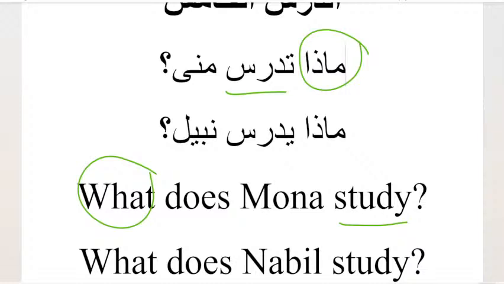The verb is conjugated in the present tense with هي, she. And the third one is Mona, her name. So you start with the question word ماذا, and then the verb تدرس, and then the subject Mona: what does Mona study?